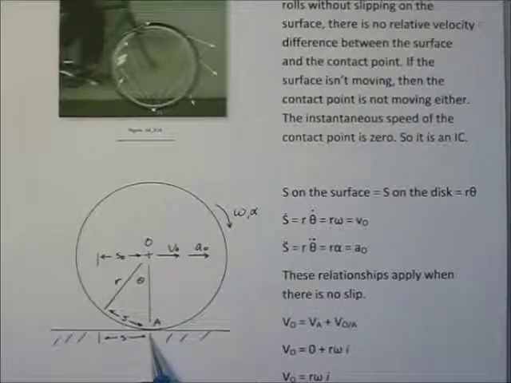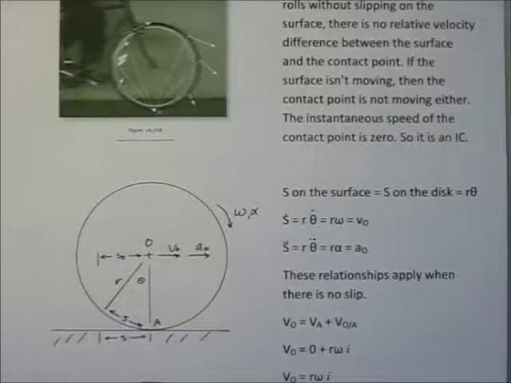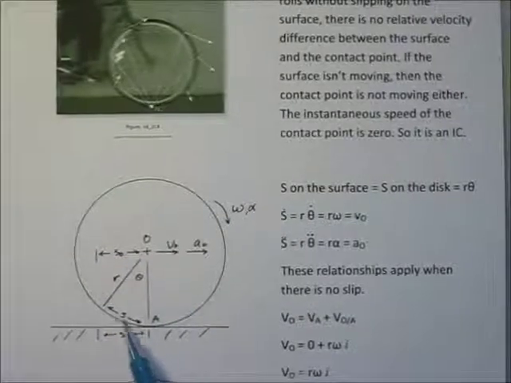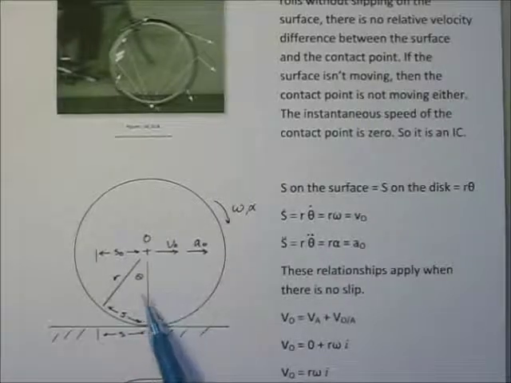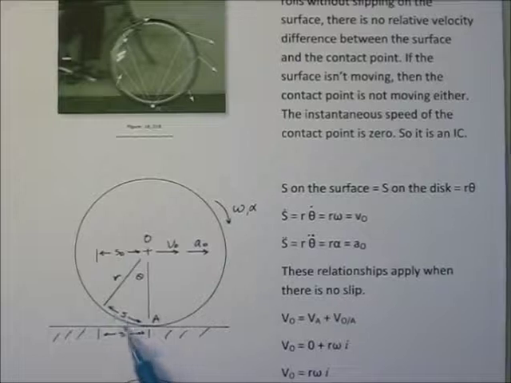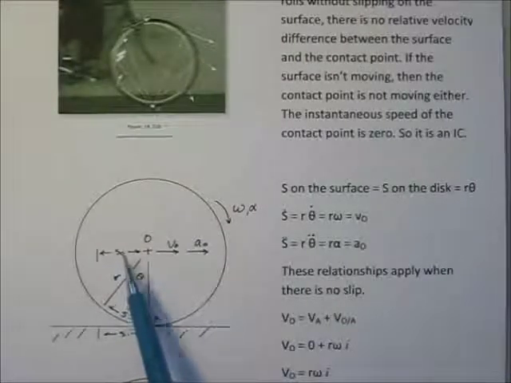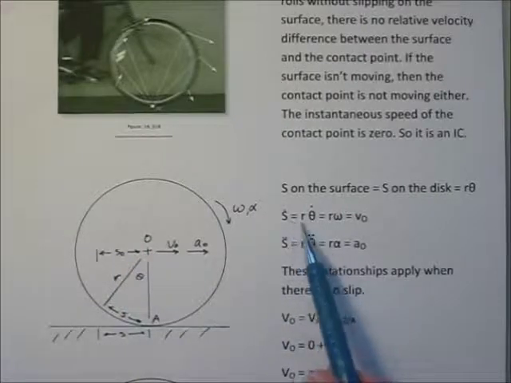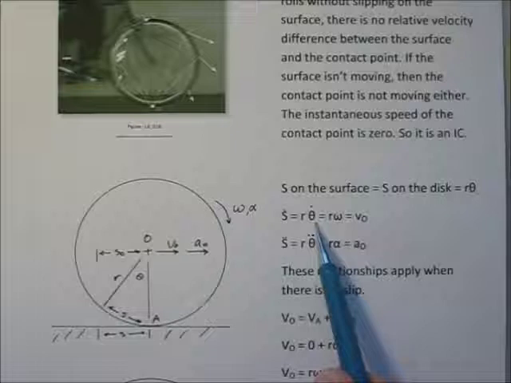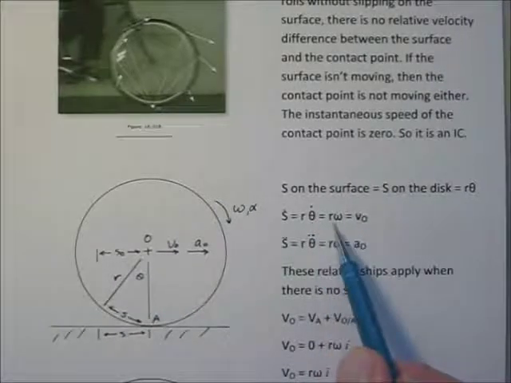If the contact point is always straight below the center, then that's also the same distance that the center moves. So those three distances s are all the same, and they're all equal to r theta. If I now take the time derivative of r theta, I can find the velocity of the center. S dot is equal to r theta dot, which is my velocity in that direction. We recognize r theta dot as r omega.